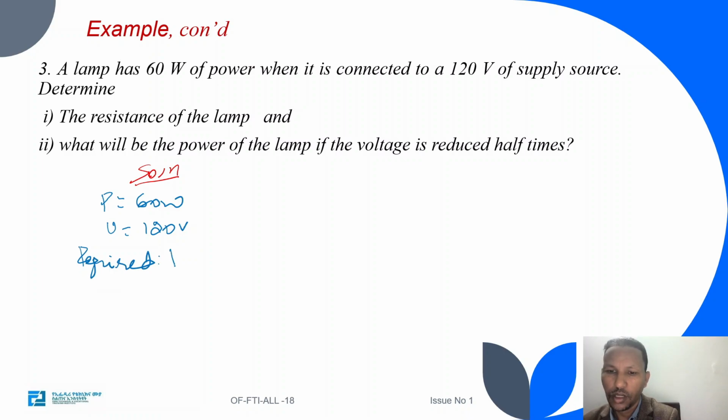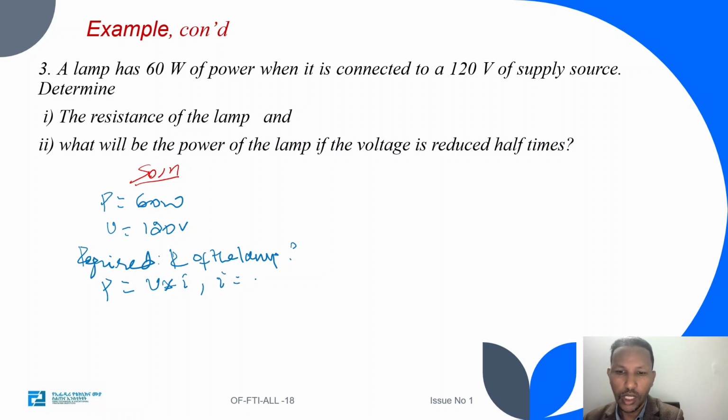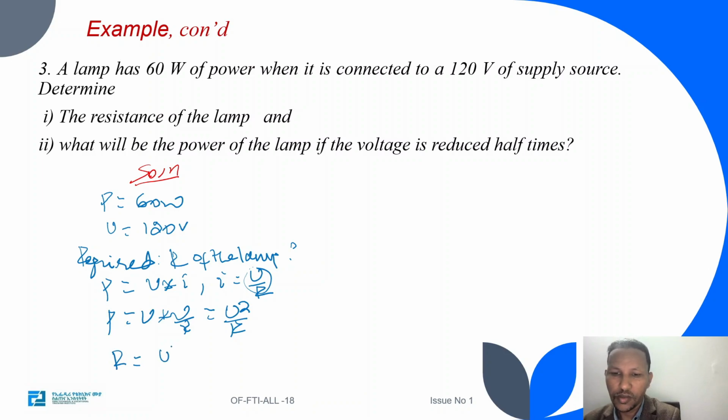We know that power is given by voltage times current, and current from Ohm's law is voltage over R. So P is V times V over R, which is V squared over R. From this expression, R is given by V squared over power.